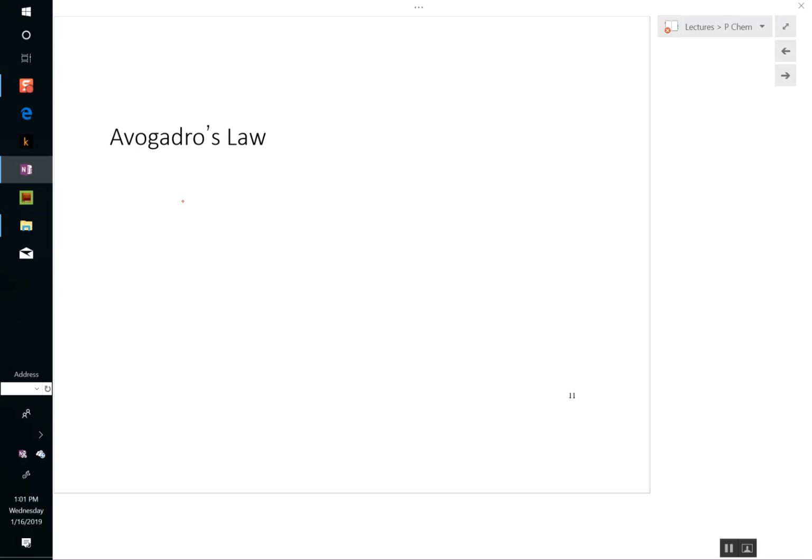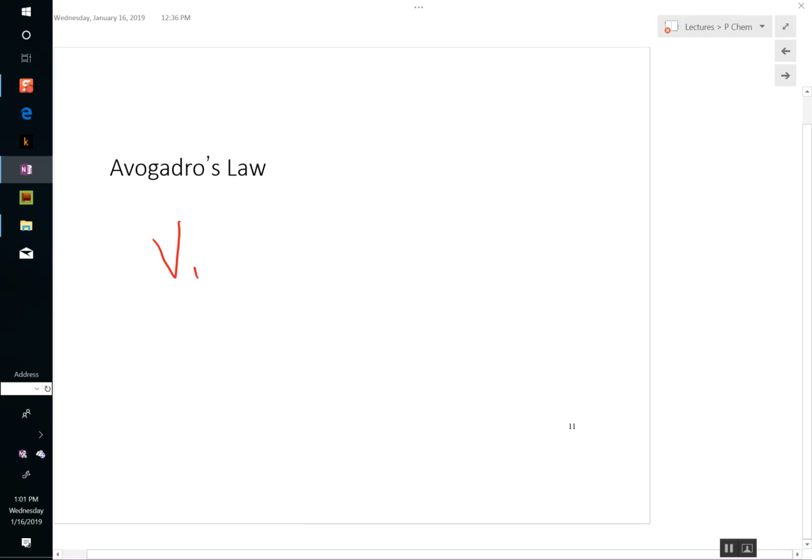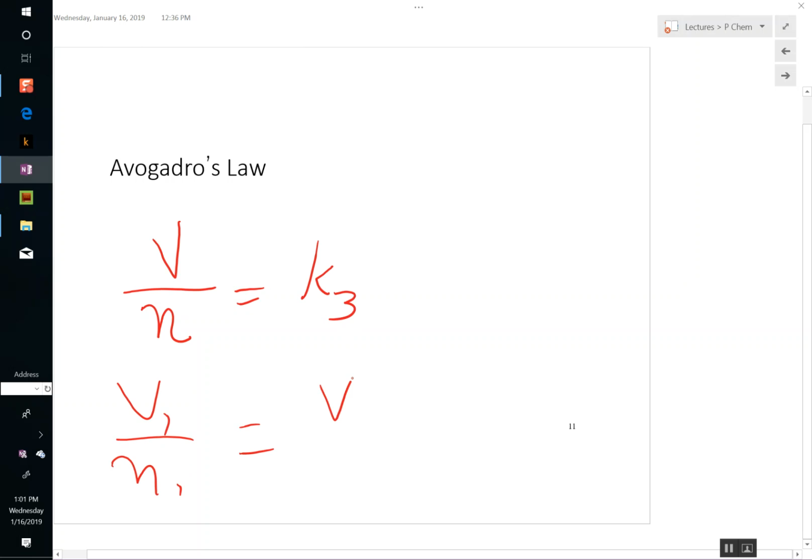So volume over the amount of gas, normally in moles, is a constant, where V1 over N1 equals V2 over N2. So those are the three.